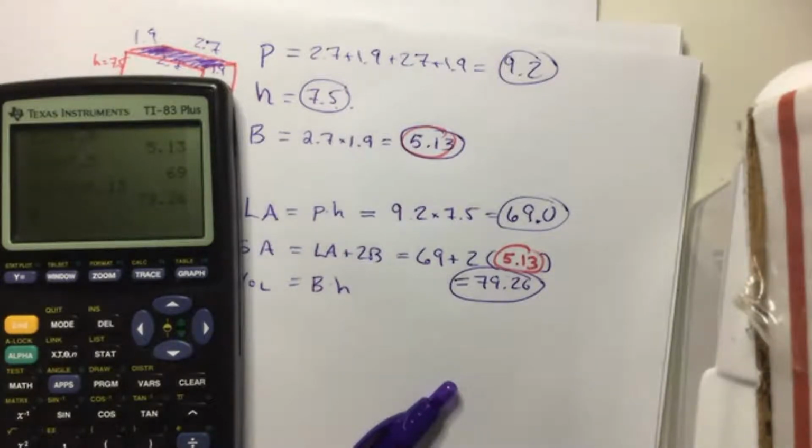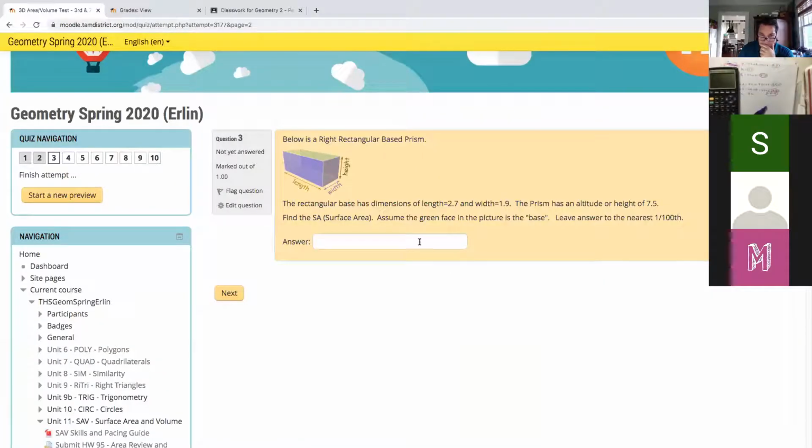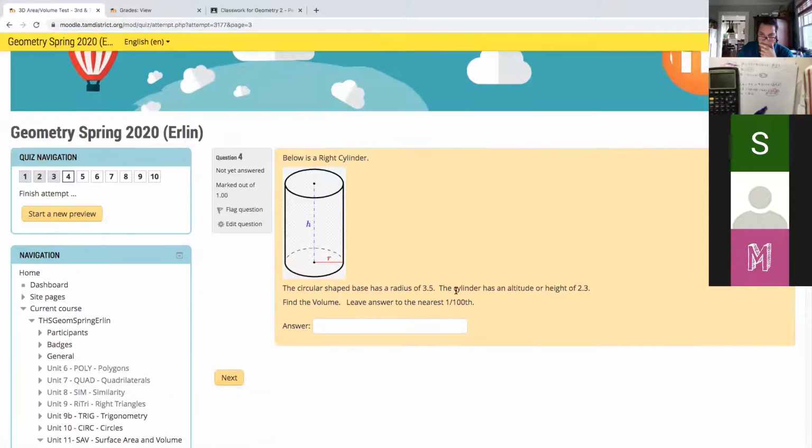Okay, so I'm going to go back to sharing my screen. My answer was 79.26. Now I've got a right cylinder. Okay, so I'm going to draw a little picture for myself. And I need my radius, which was 3.5, and my height, which is 2.3, and we're finding the volume.